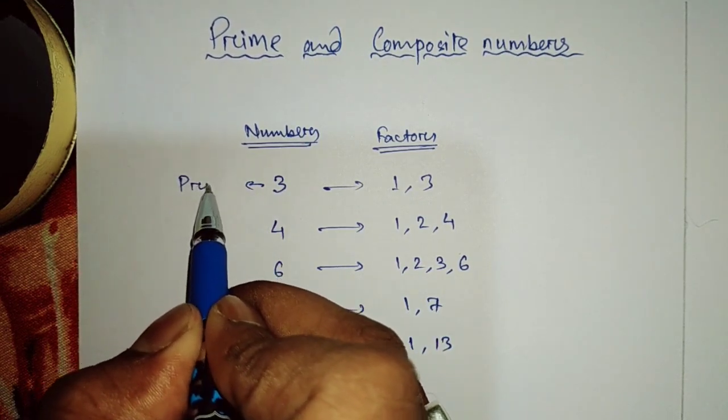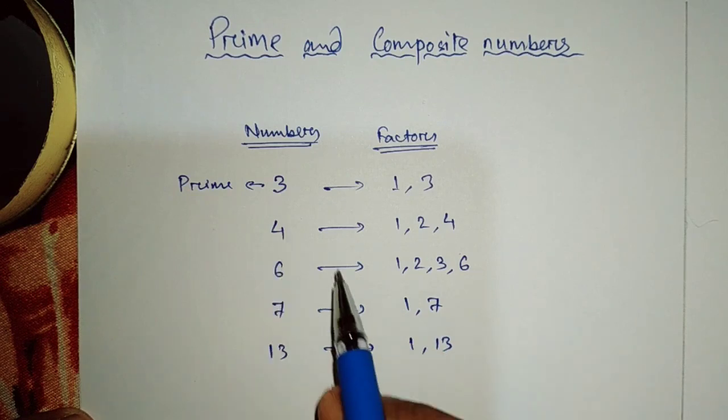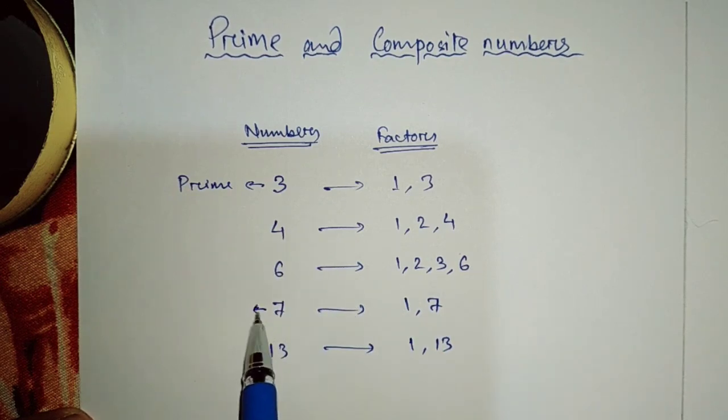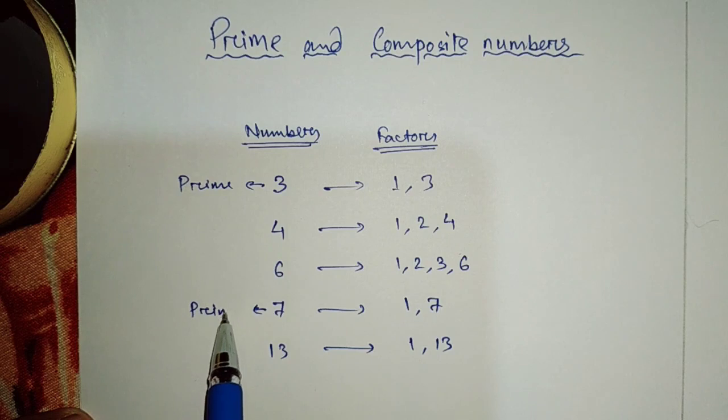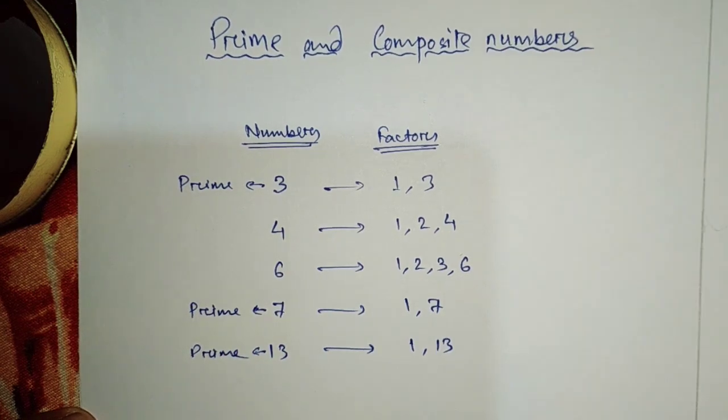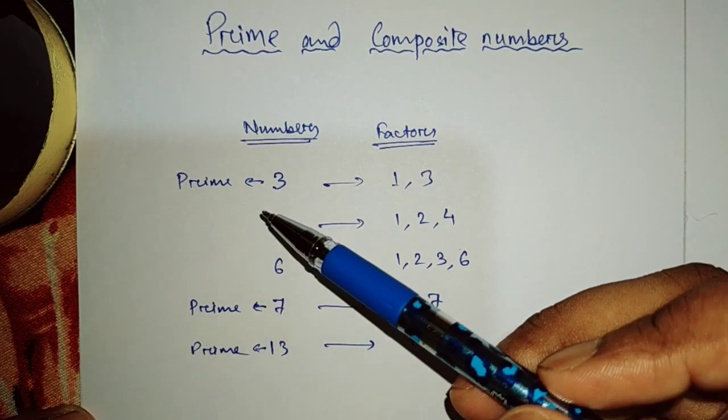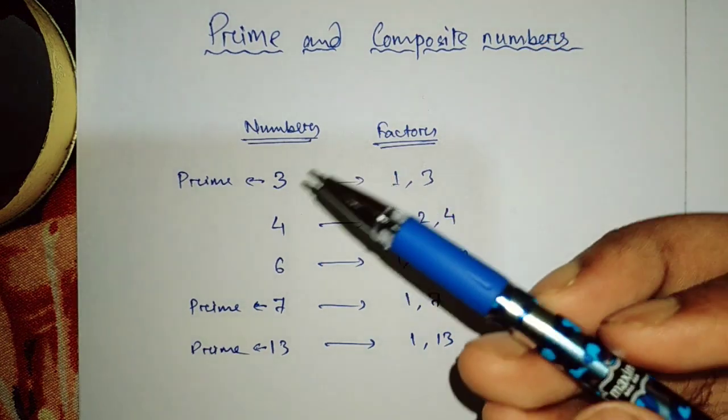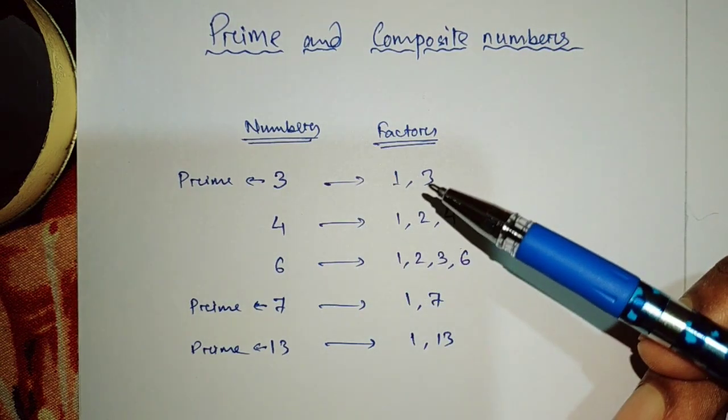These are prime numbers. 7 is a prime number. 13 is called a prime number. That means prime numbers have only 2 factors, 1 and the number itself.